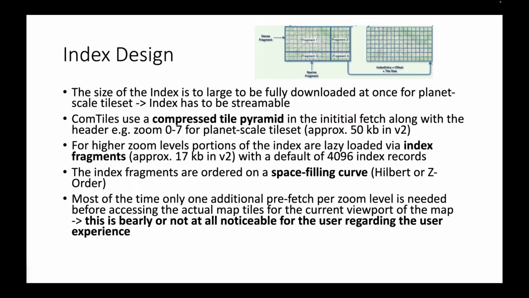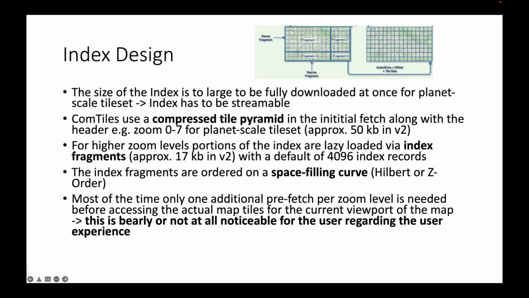Then when the user zooms more into the map, it turns out that compressed tile pyramids are not that effective for lazy loading portions of the index. So I switched to a different approach, which I call index fragments. Index fragments are simply an aggregation of index records, with a default of 4096 index records aggregated together.